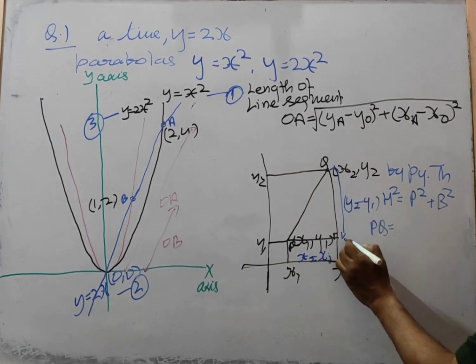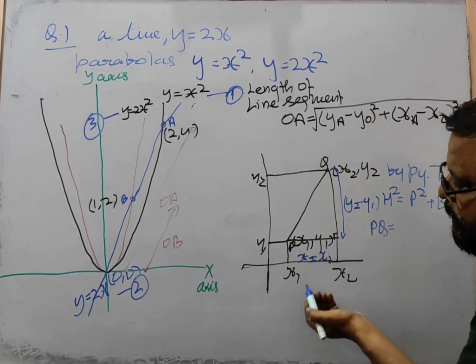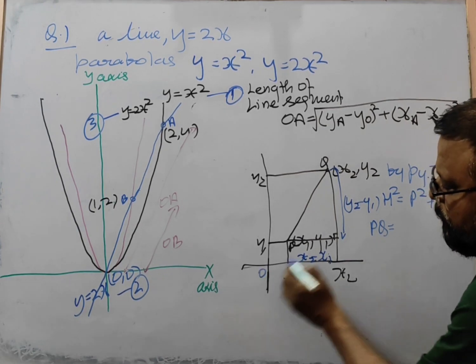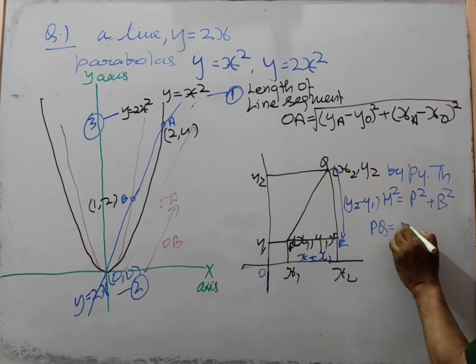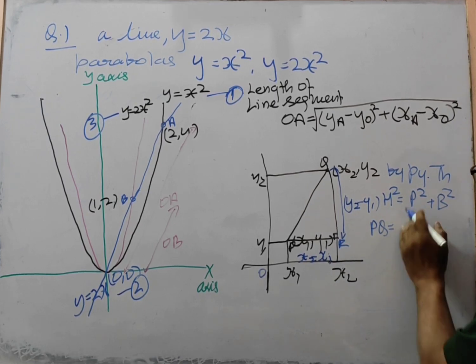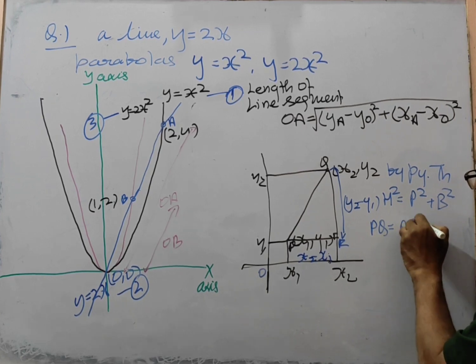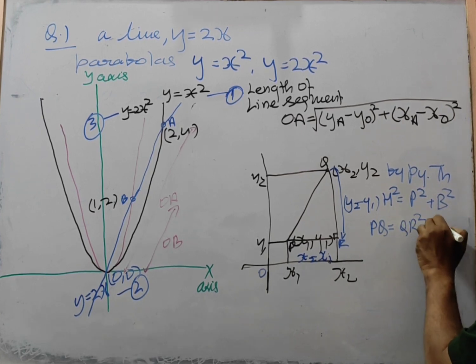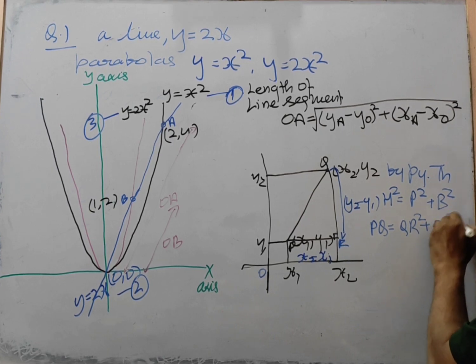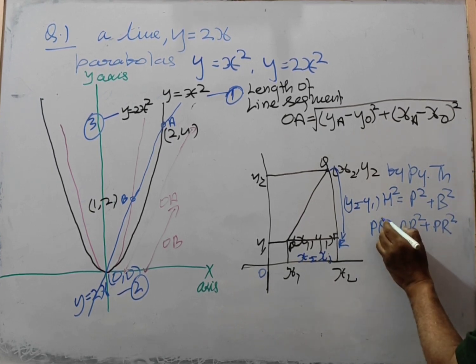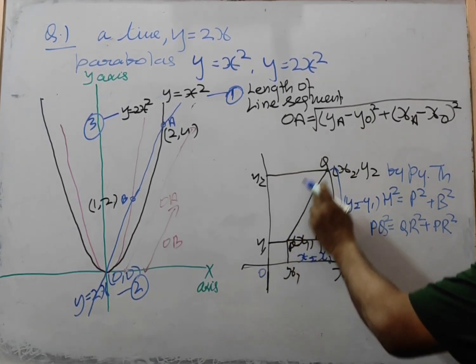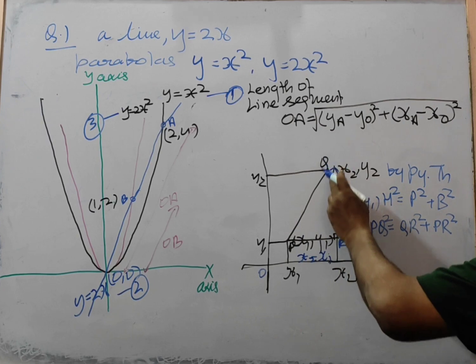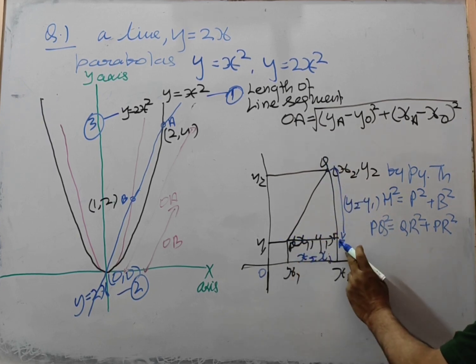Say this is R. So we write PQ square is equal to QR square plus PR square, that is hypotenuse whole square equals perpendicular whole square plus base whole square.